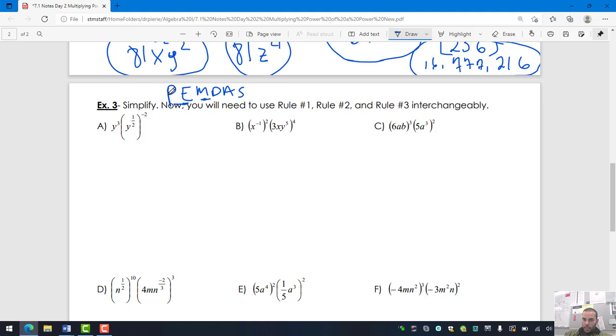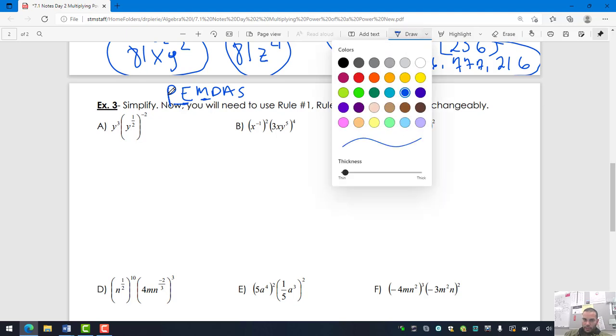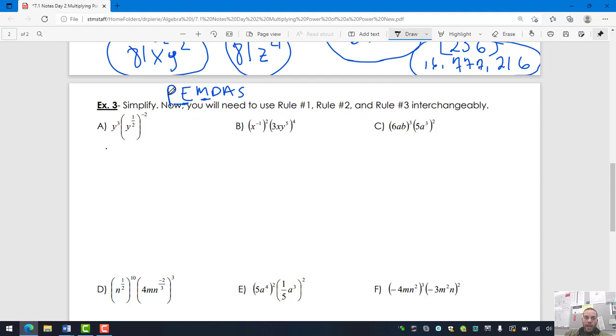Okay, so if we look at example A here, let me change my color to black. I've got y cubed times y to the 1/2 raised to the negative second power. If I'm trying to simplify this, if I'm trying to squeeze this together as much as possible, I have to take care of this exponent of -2 first. I have to take this -2 and distribute it to the 1/2 before I do the multiplication.